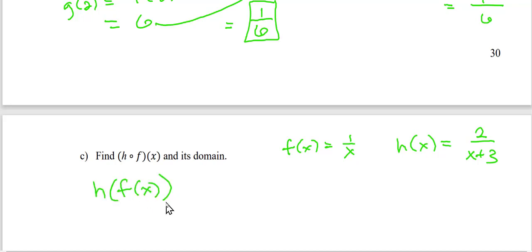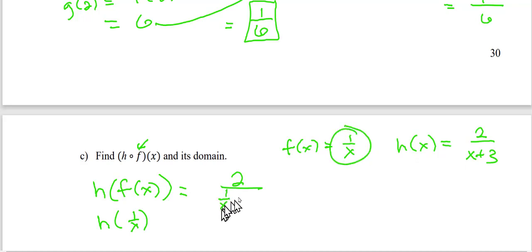Now our f is the inside function. The second one is the inside function. That means wherever I see an x, this is h of 1 over x. Wherever I see an x in h, I'm going to put this in place of it. So I get 2 over 1 over x plus 3.